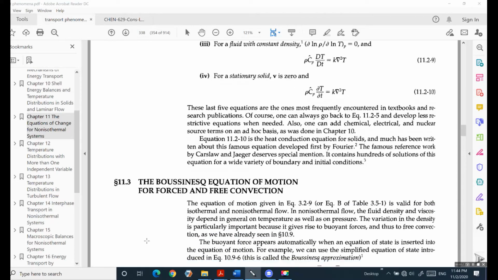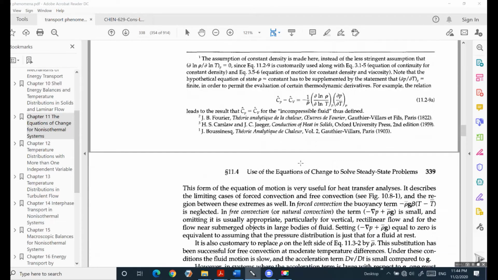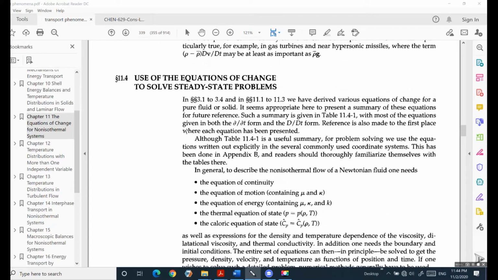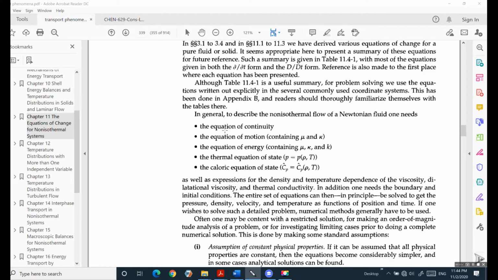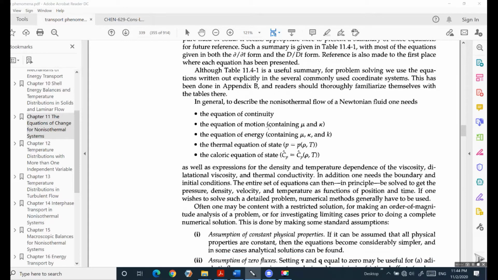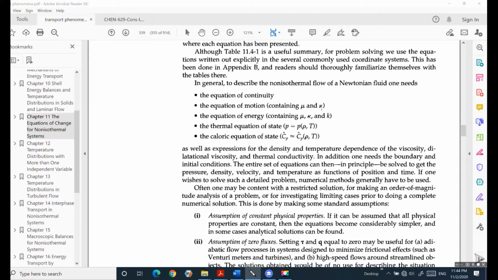Okay, now we can go and check section 11.4. Section 11.4 is similar to the momentum transport; it just shows the steps for the problem solution. If you encounter any problem, first you need to check the equation of continuity, and then the equation of motion containing mu, the viscosity, and kappa, another viscosity term.